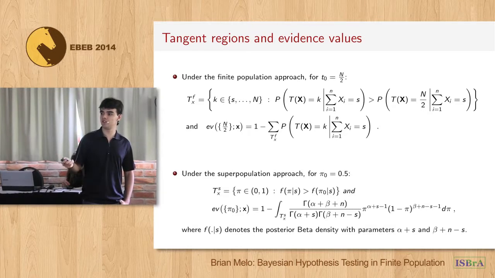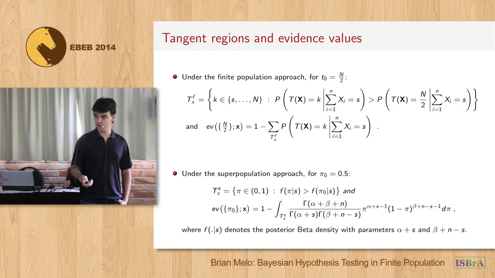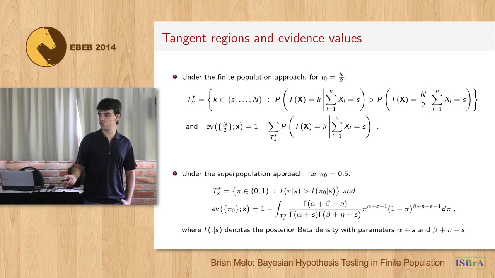And the second stage is the calculation of the evidence value, which is given by this expression. In the superpopulation model, we have an interval for the tangential region, and this probability will be our evidence in favor of H0. Here f is the posterior beta density with updated parameters.